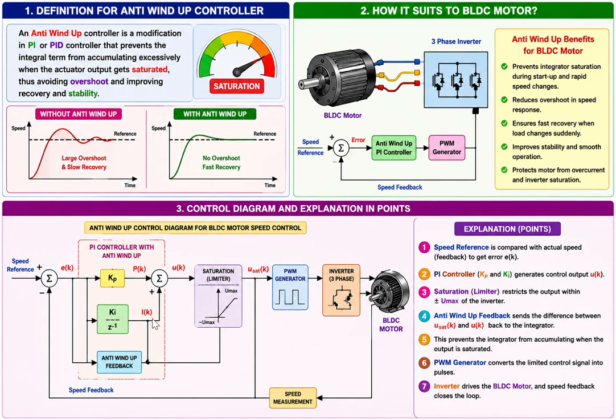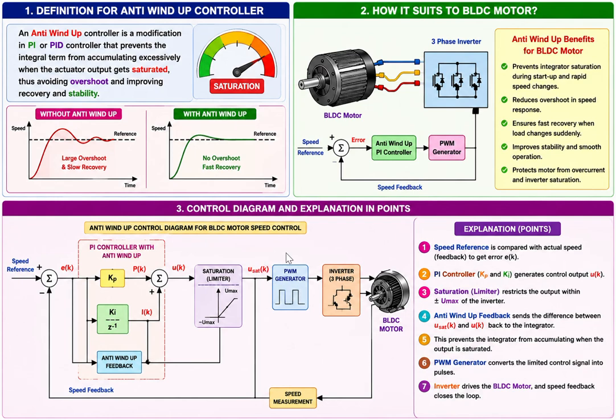Both the P and I controller output values are added with the assistance of anti-windup feedback, which is given to the saturation limiter. The work of the saturation limiter is to restrict the output within the maximum value, otherwise it will go on increasing.